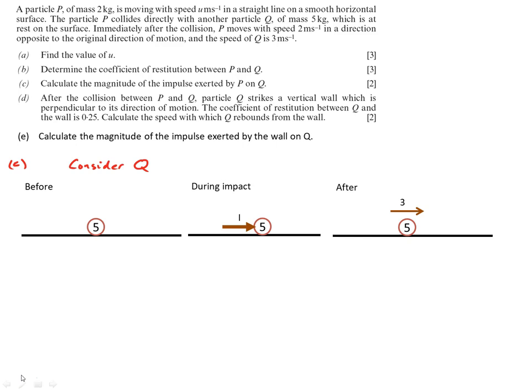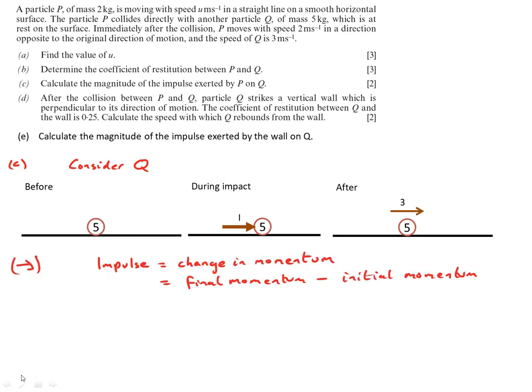So applying impulse equals change in momentum, the final momentum of Q is 5 times 3. The initial momentum of Q is 0. So we've got I is 5 times 3 minus 5 times 0, which gives me I equals 15 Newton seconds.